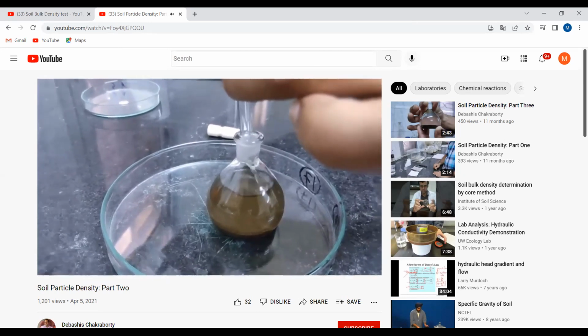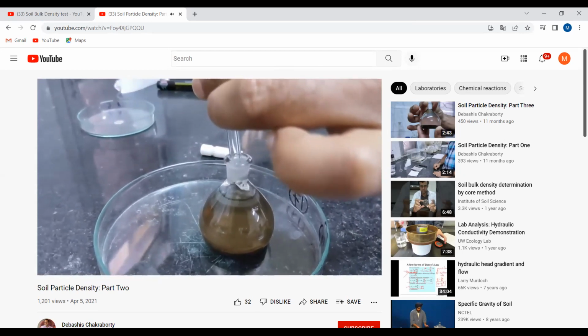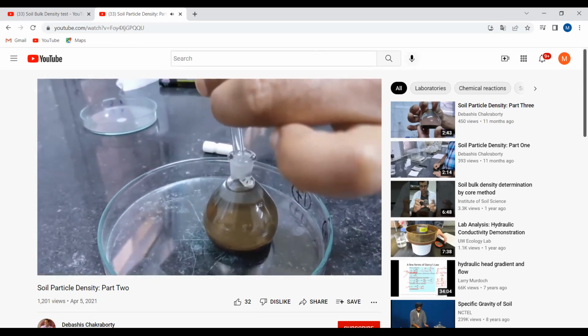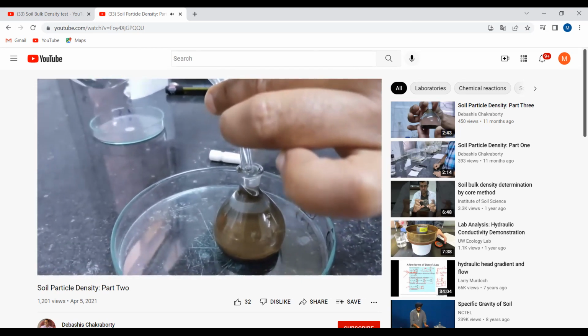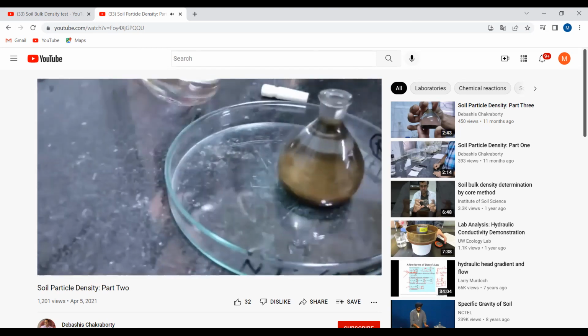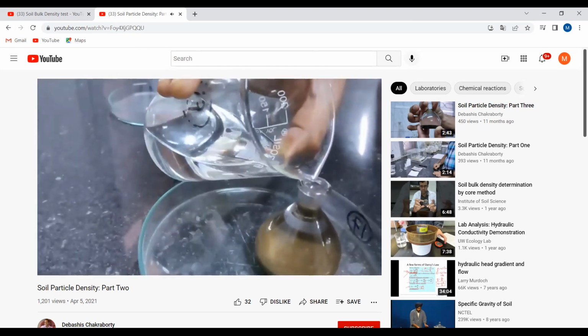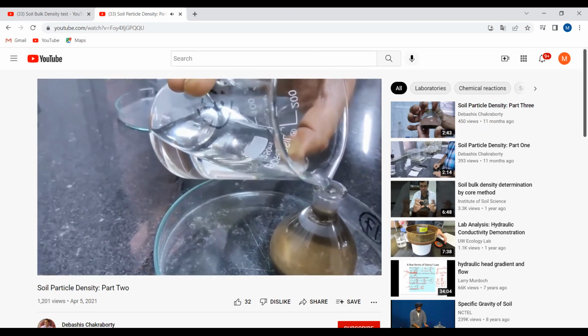So now you will use the Archimedes principle and then we will calculate. The calculation part I will show at the end of this particle density demonstration. Now you see he is filling it, to the fullest extent.